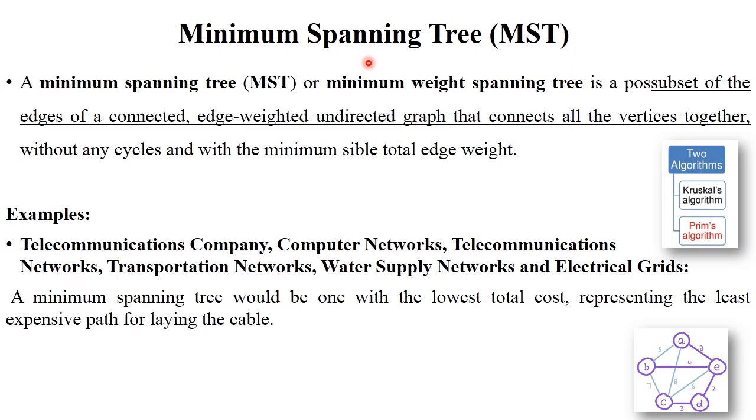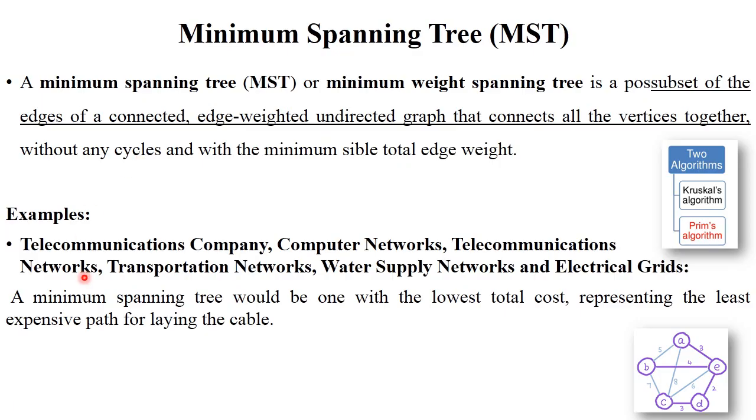The requirements of minimum spanning tree are that it requires connected edges, it requires a weight for each and every edge, and an undirected graph that connects all the vertices together. There is no cycle formed. So these are the requirements: all the edges are connected, undirected graph, and no cycle will be formed.